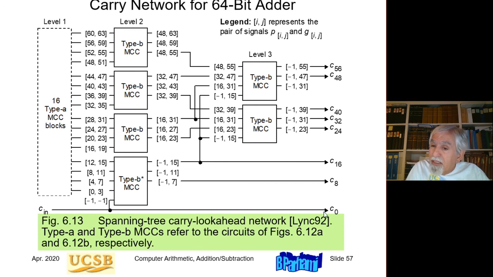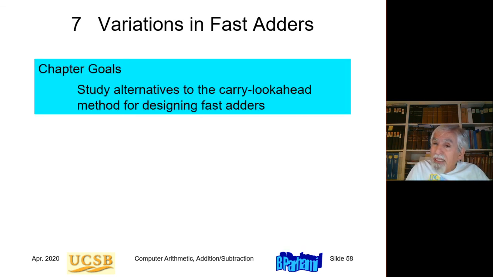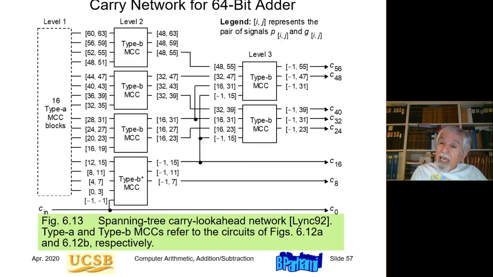We don't have C9, C10, C11, and so on. We just have these 8 carries. I'll show you at the end of the next chapter how we fill the gap and basically find the sum of the two numbers without actually generating those intermediate carries.